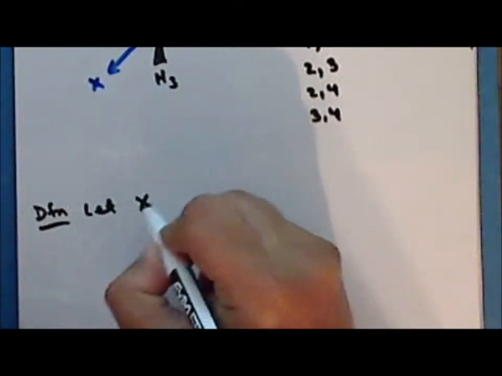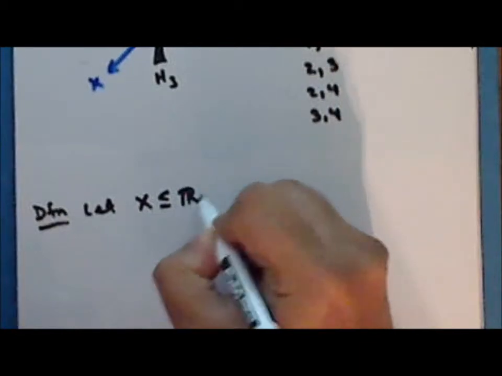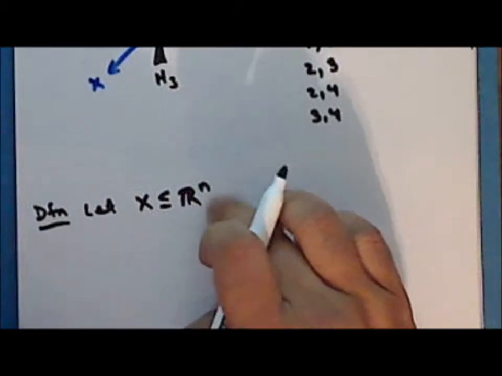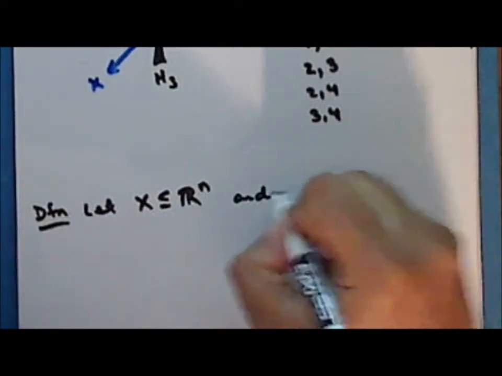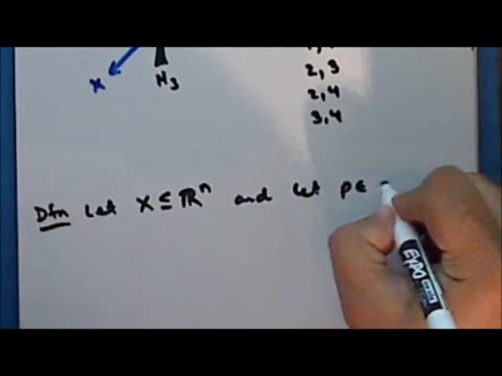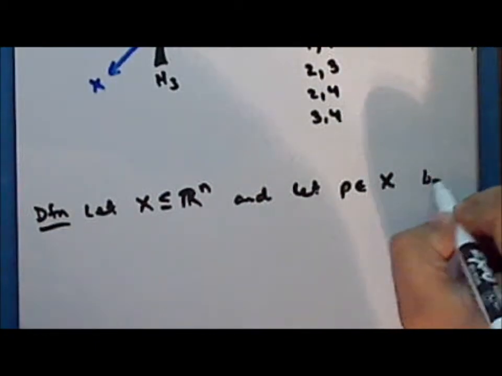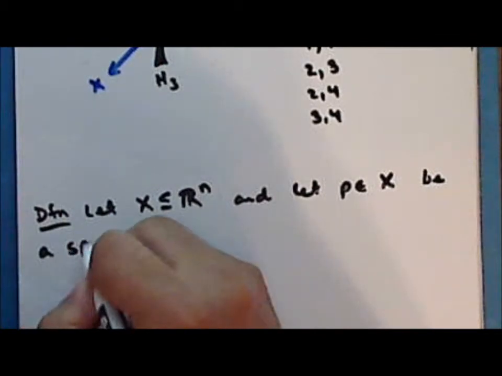Okay, so new definition. Let X be a subset of an n-dimensional real space, and let the point P in the set X be a specified point.